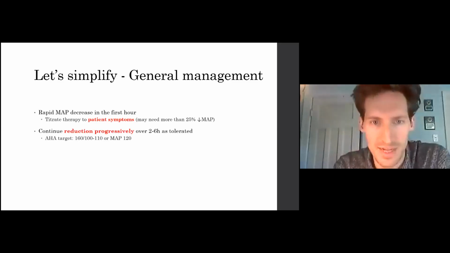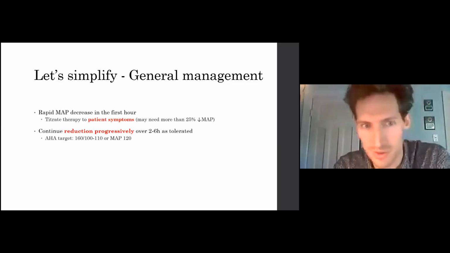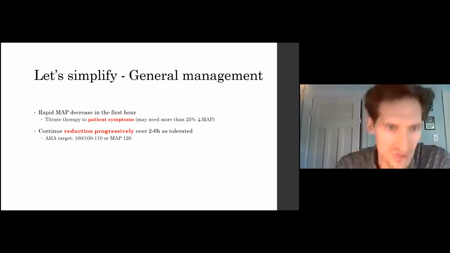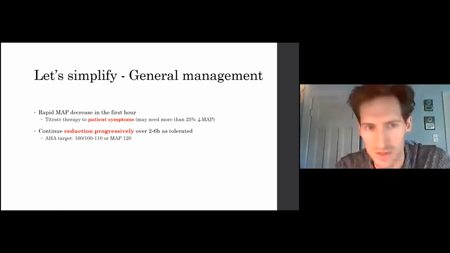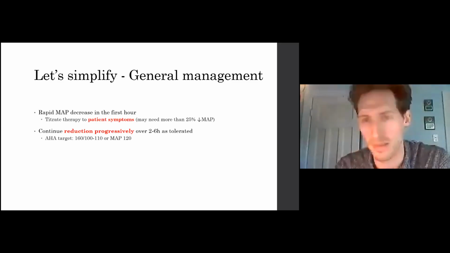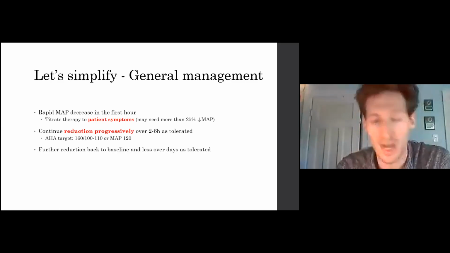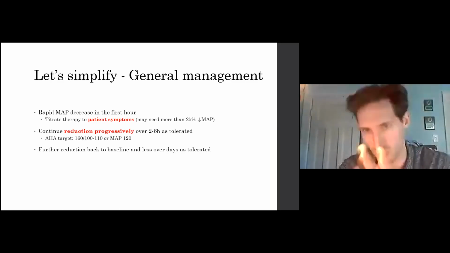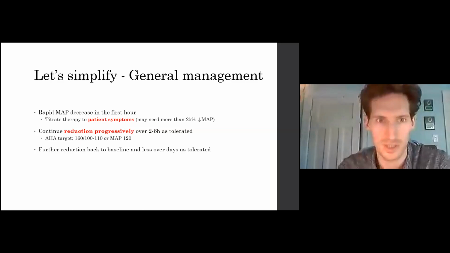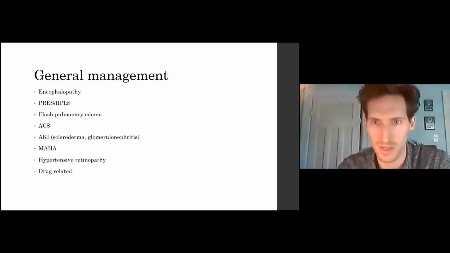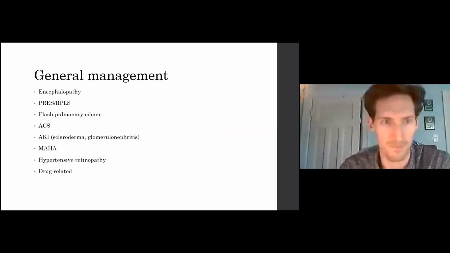Once you've reached that target in 1 hour, you continue to reduce progressively over the next 2 to 6 hours. The AHA target is basically an equivalent MAP of 120. And then over the next couple of days, you continue reducing and try to smooth them into a relatively normal blood pressure. So that was for the general management, the targets to reach.